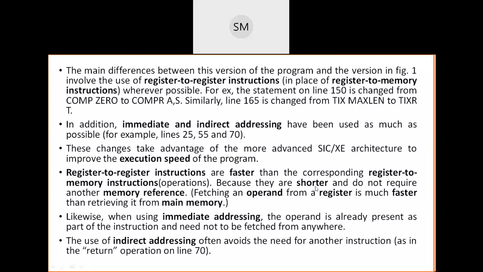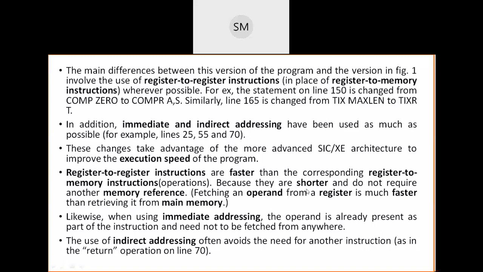For example, COMPR and other register to register instructions are just 2 bytes long, but the remaining register to memory instructions are 3 bytes or 4 bytes, that is format number 3 and format number 4 instructions. Register to register instructions are usually in format number 2.